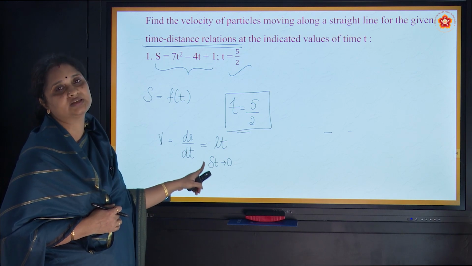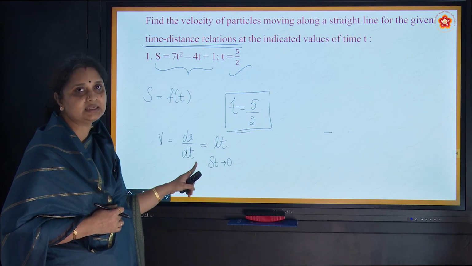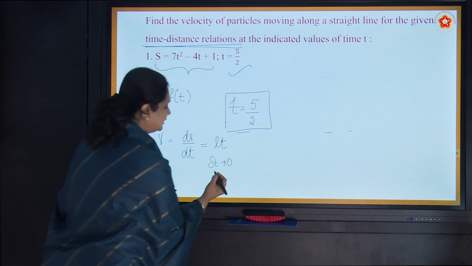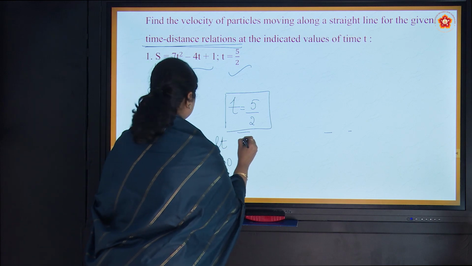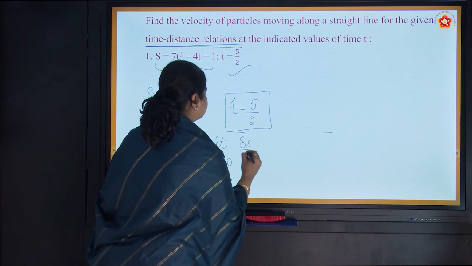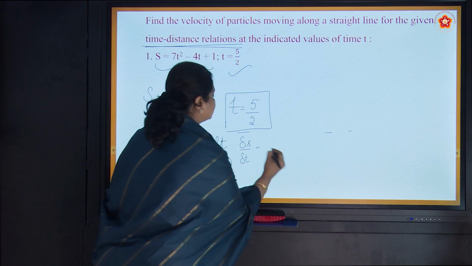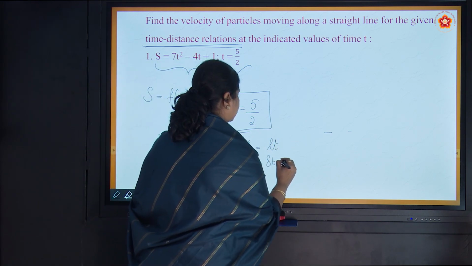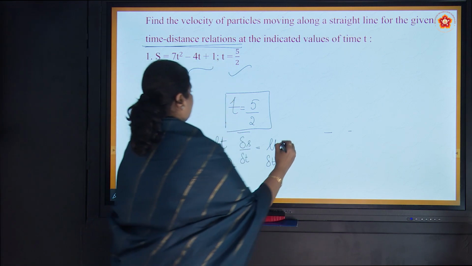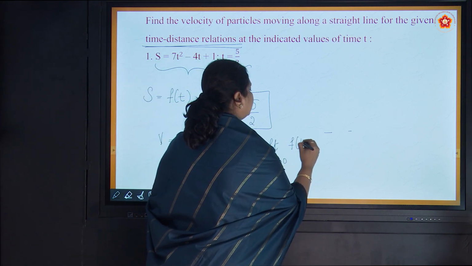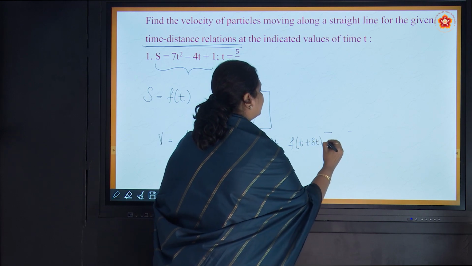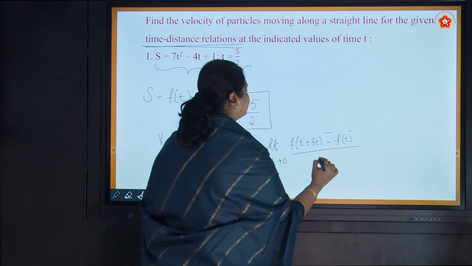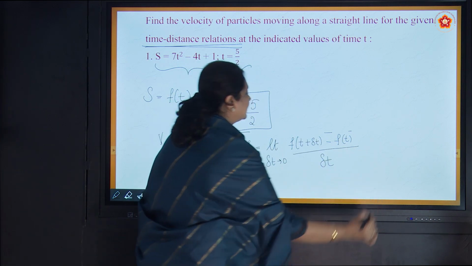independent variable that should tend to 0, that is where I make changes that impact my dependent variable. So ds by dt is equal to limit delta t tends to 0, delta s by delta t, that is nothing but limit delta t tends to 0, f of t plus delta t minus f of t by delta t.